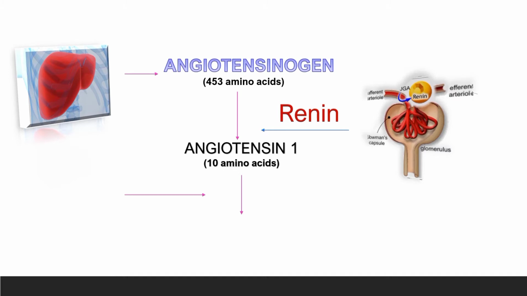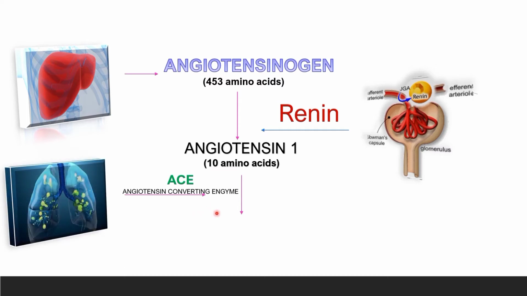Angiotensin 1 is then converted by ACE, the angiotensin converting enzyme, produced in the pulmonary circulation of the lungs, into angiotensin 2 of 8 amino acids.